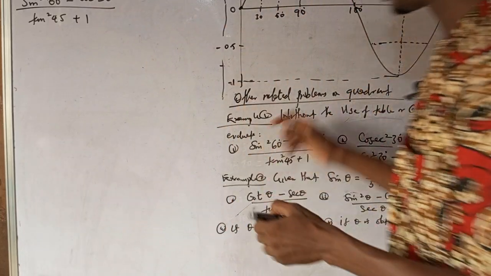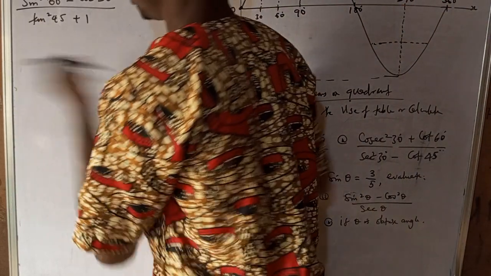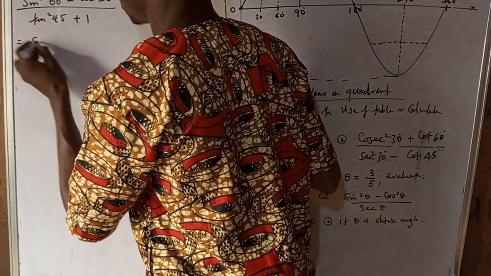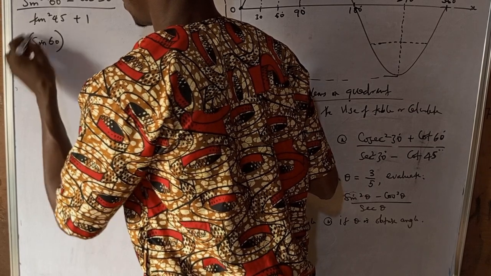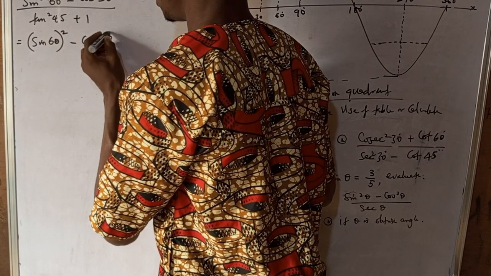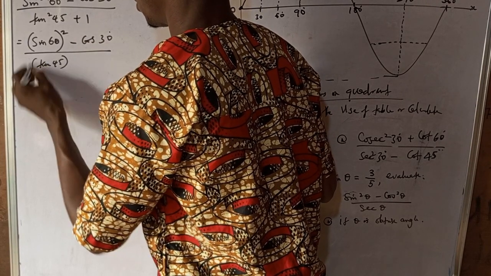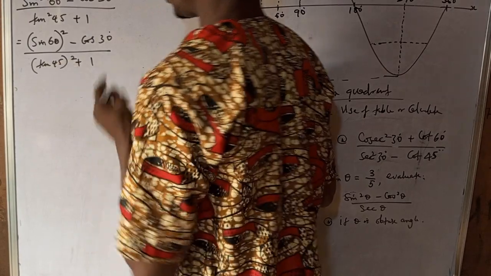So, just like I derived earlier, the interpretation of this one is: sine 60 all squared minus cos 30 divided by tan 45 all squared plus 1.